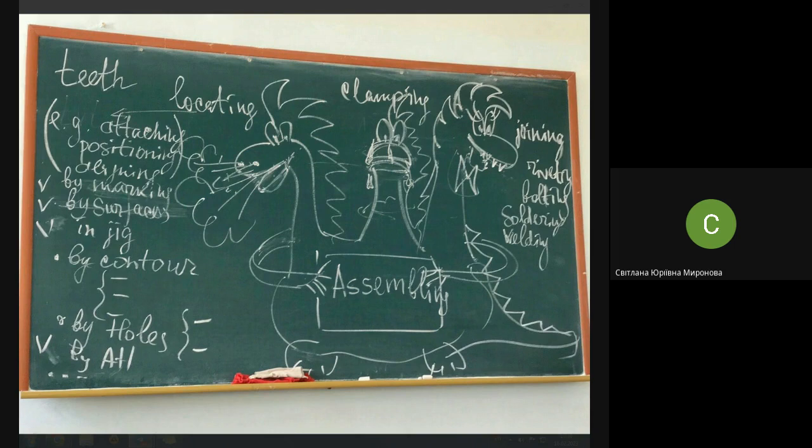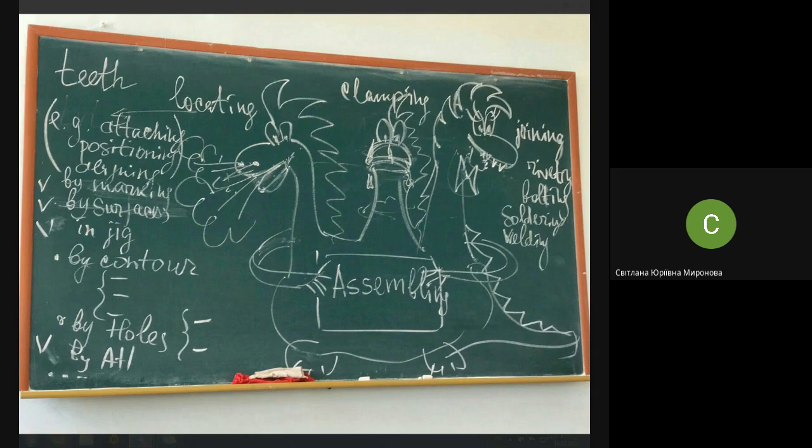And the kinds of assembling are joining: riveting, adhesive assembling. Method of assembling is always about locating and clamping, because clamping also affects the accuracy of assembling.